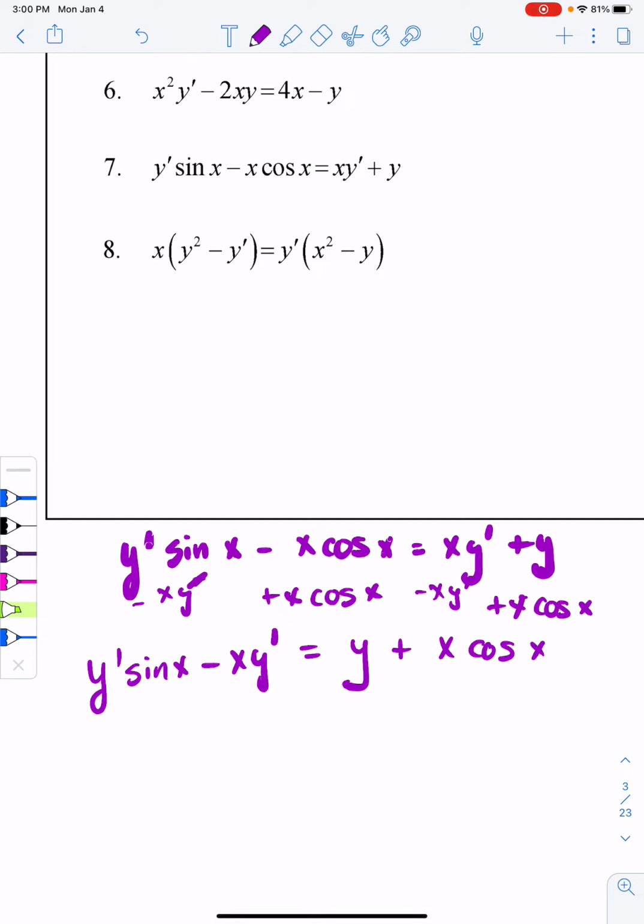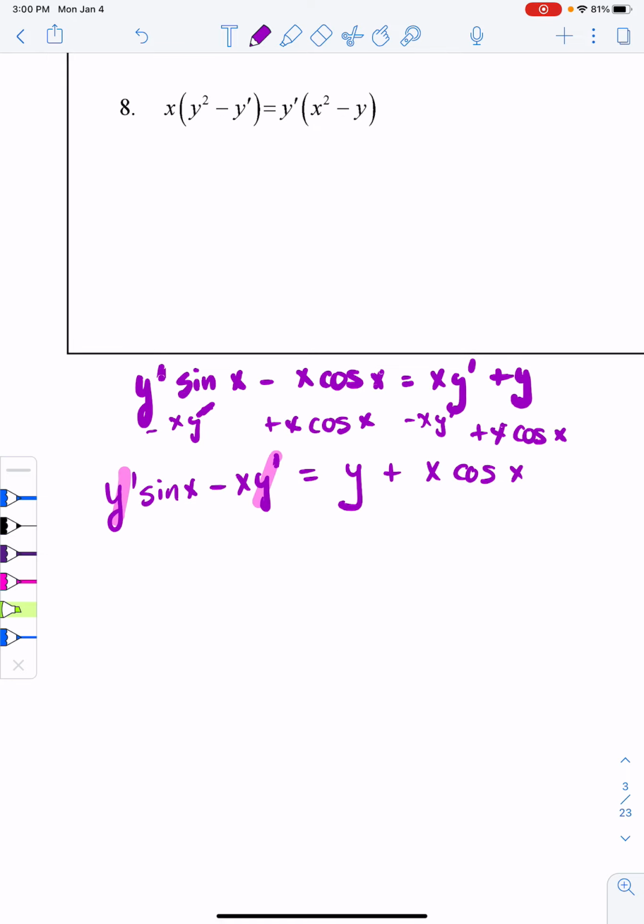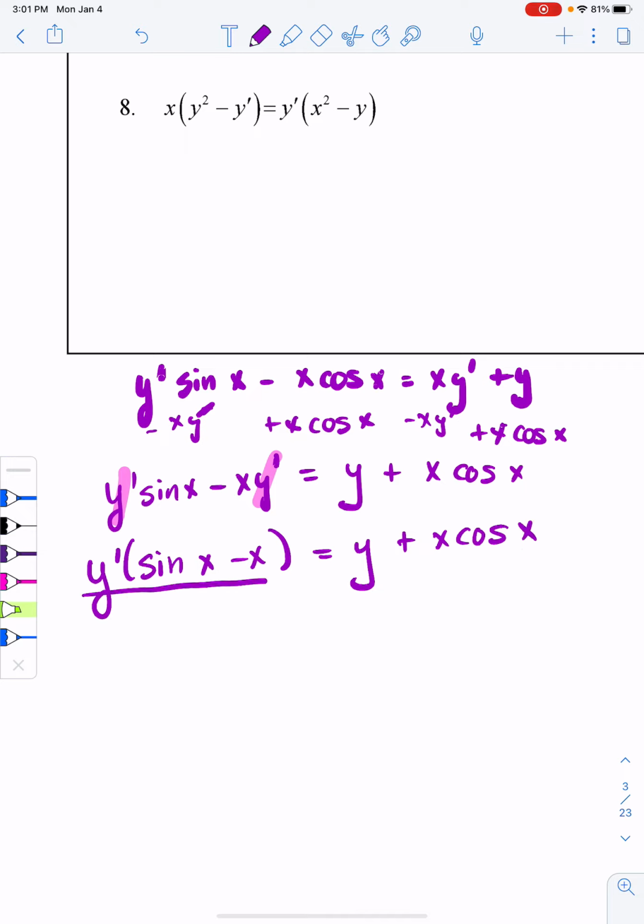And so now what you're going to notice is you've got these two y prime terms, and that's going to let you factor those out so that you can isolate that term. So you're going to get y prime, and inside will be sine x minus x equals y plus x cosine x, and now you can isolate the y prime.